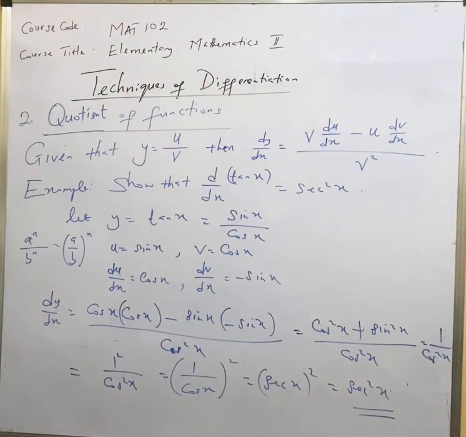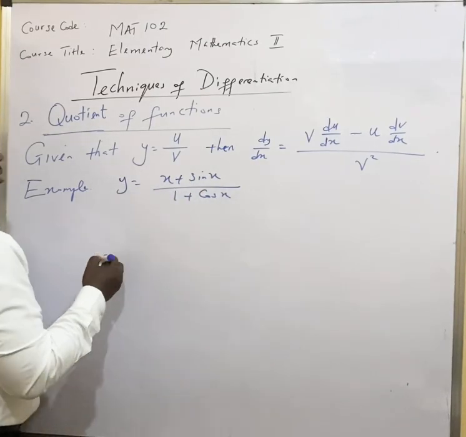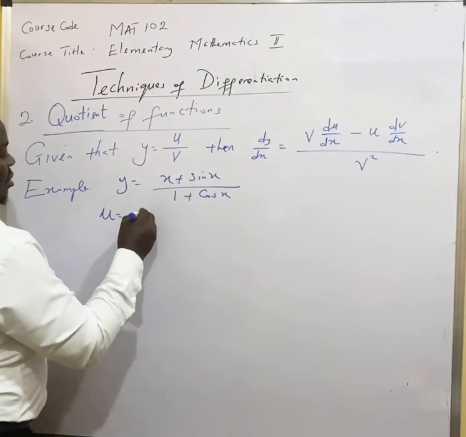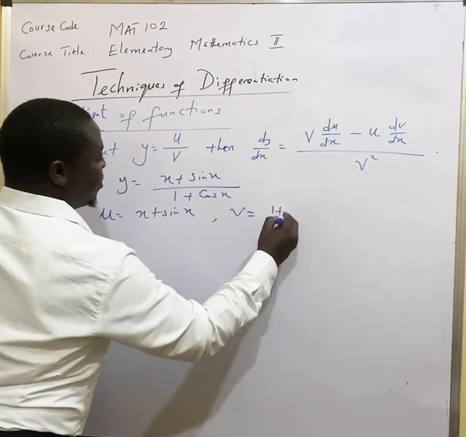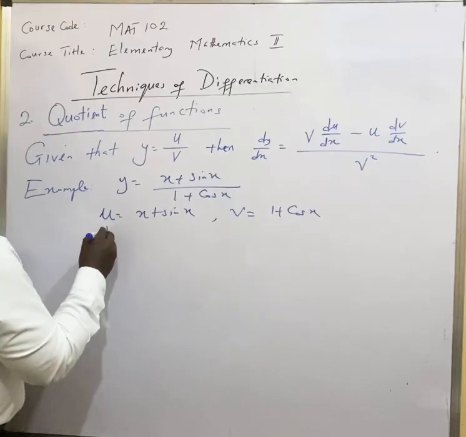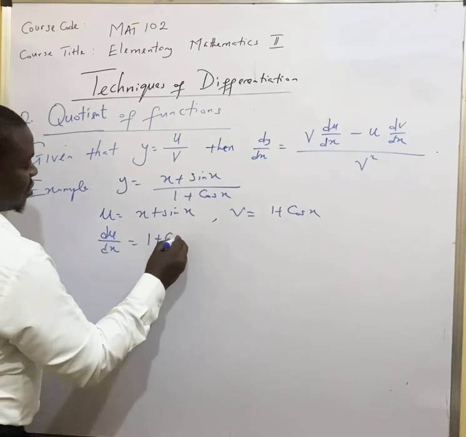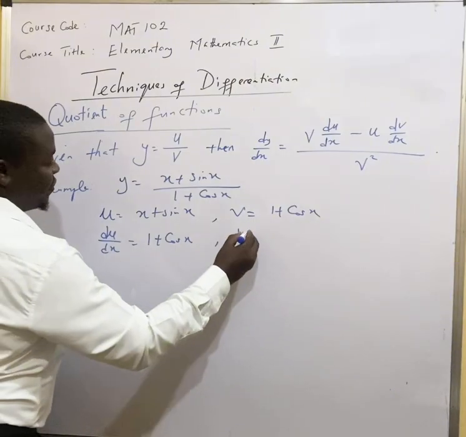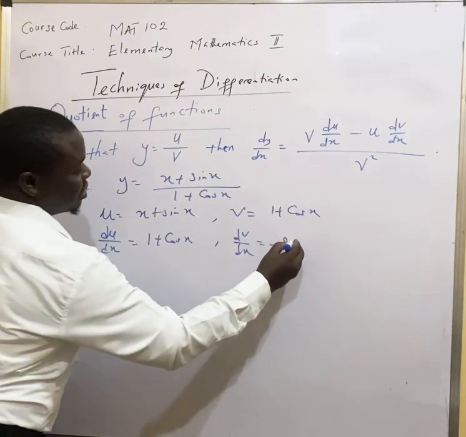Sec squared x. Next example, we have y equals x plus sine x over 1 plus cos x. So we let u equal x plus sine x, so that v will be equal to 1 plus cos x. Take the derivative of u with respect to x. This will be 1 plus cos x, and the derivative of v with respect to x, this will become 0, then this one will be minus sine x.